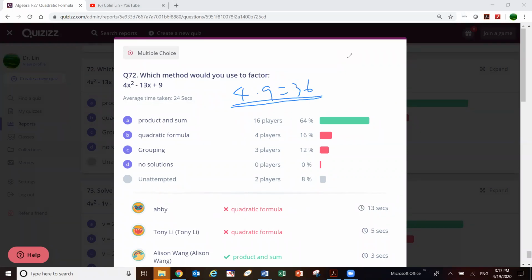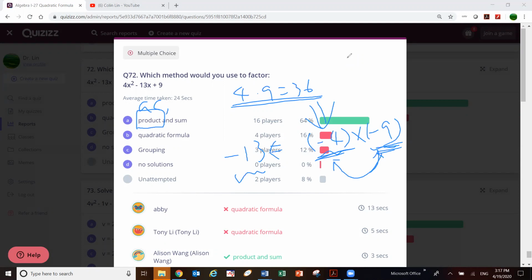And then factor it to find factors whose sum is negative 13, which would be negative 4 and negative 9, right? The sum of these two becomes negative 13. So firstly, you need to find the product of A and C, and second, you factor it, get the two factors, and the sum of the factors is negative 13.